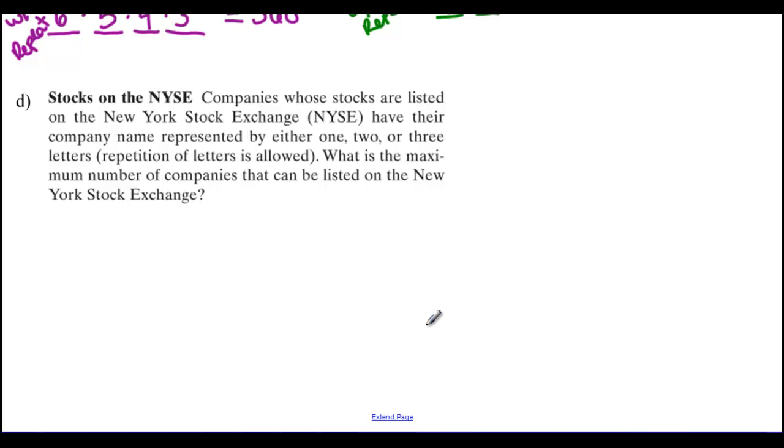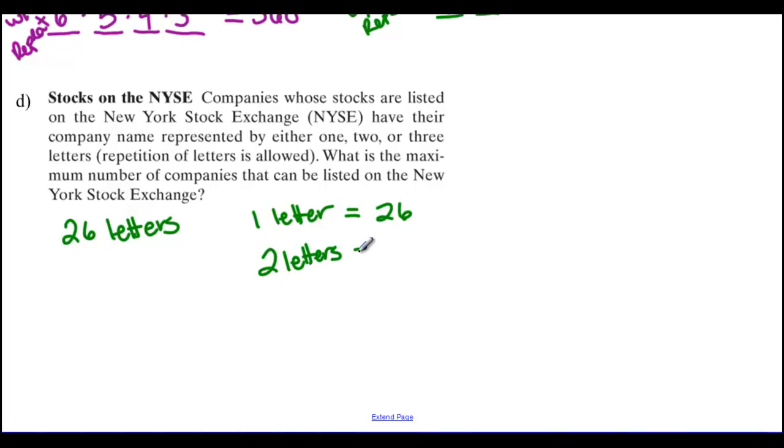Well, the first thing we need to remember is that there are 26 letters in the alphabet. So the options for having just one letter is going to be the 26. So one letter, we're going to have 26 options. If we're using 2 letters, then for each of those letters, we're going to have 26.